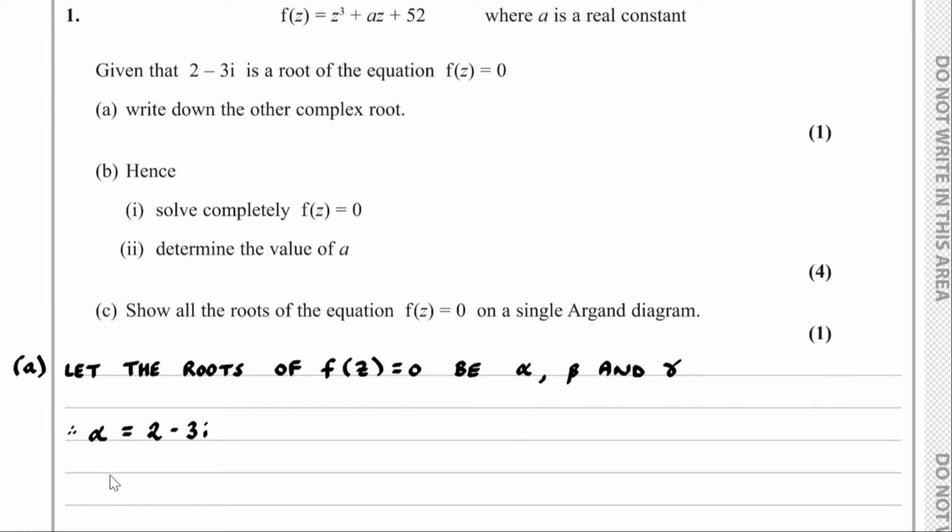And because complex roots occur in conjugate pairs, that means the other root, beta, would equal the conjugate of 2 minus 3i, which is 2 plus 3i.